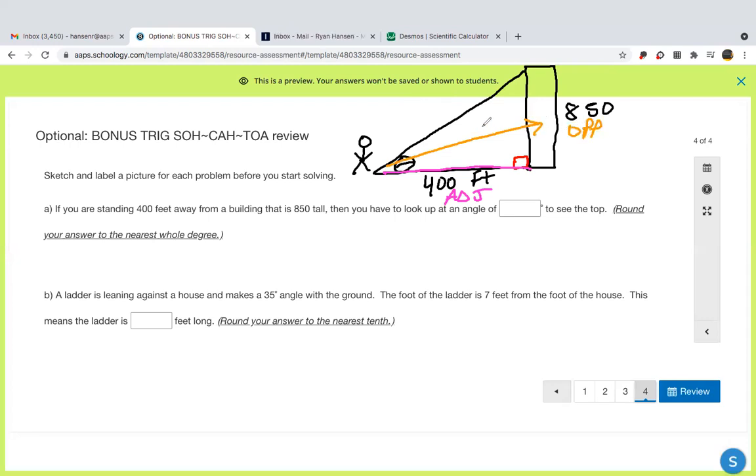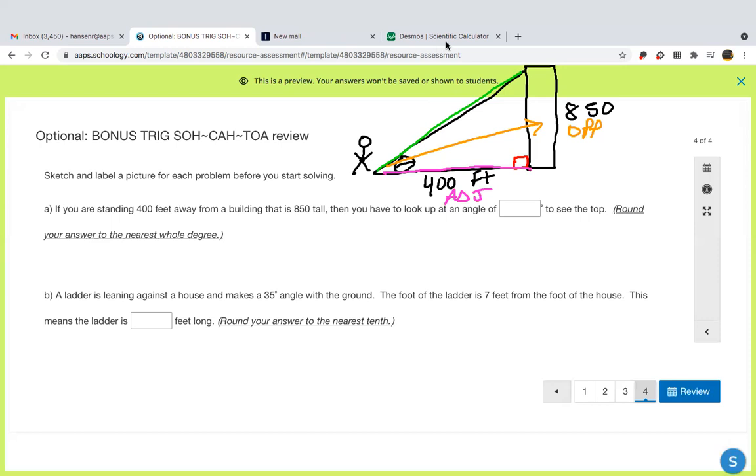The hypotenuse would be like if we stretched a piece of rope from the top of the building to the ground, like a ladder leaning, which would be a bad angle, it would collapse. But anyway, my picture is not drawn to scale. So the hypotenuse, which for the record is right here, don't know, don't care. We know the opposite, we know the adjacent.